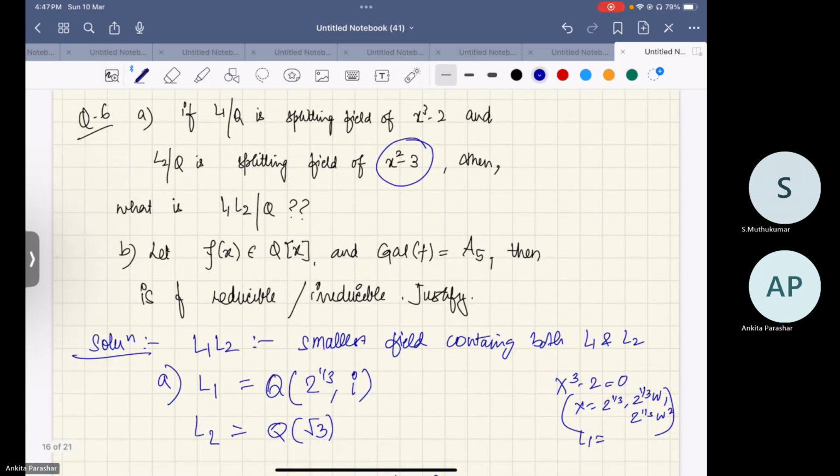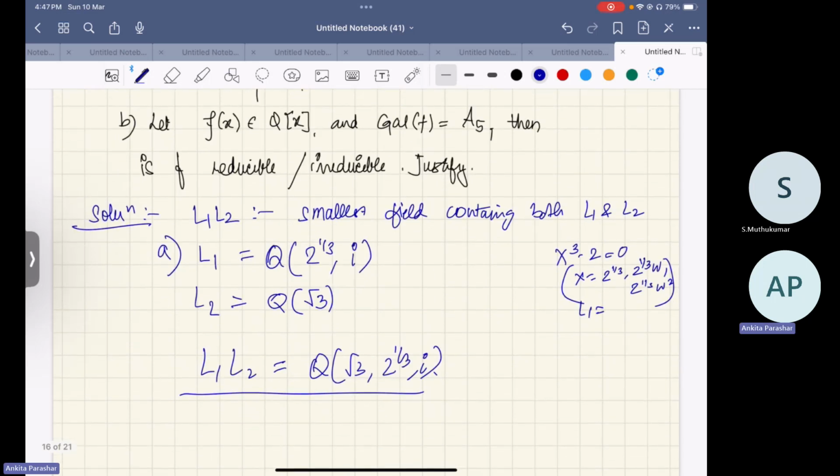Okay. Let f(x) be an element in Q[x] and the Galois group of f is nothing but A5. Is f reducible or irreducible? Suppose some polynomial has Galois group A5. Is f reducible for that or irreducible?